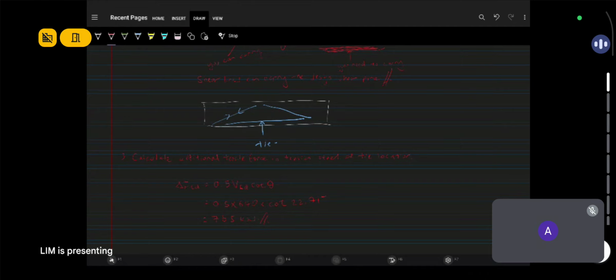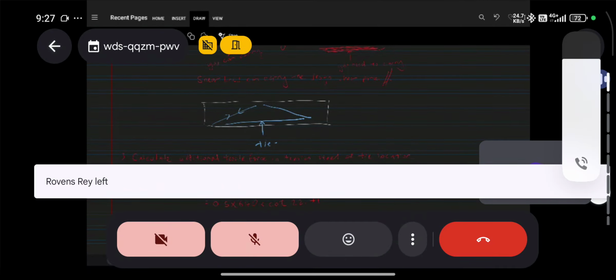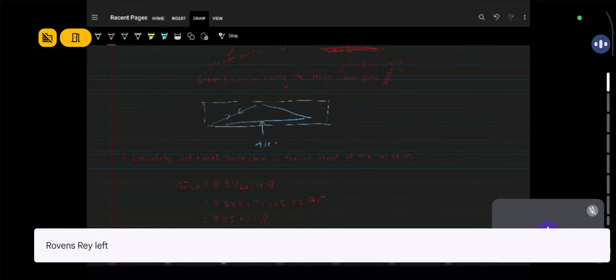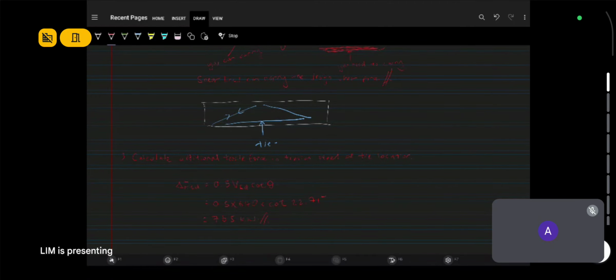Okay. Next week, we're going to do span depth ratio. And then we are going to go into column design. Remind me quickly, what week are we in now? Week 7. So next week is week 8.